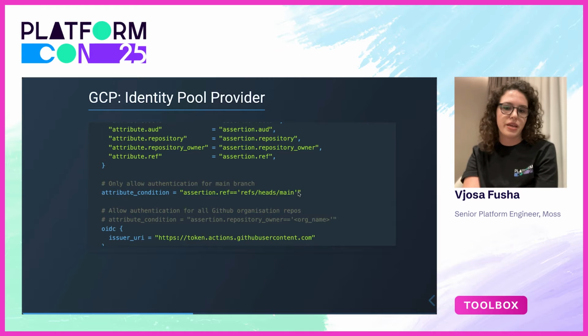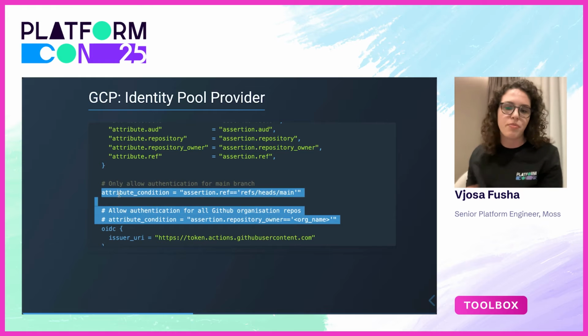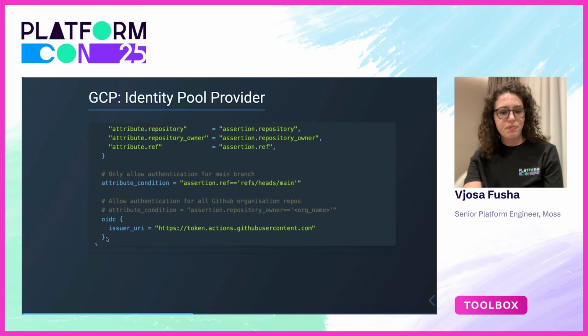For example, in my case, I'm saying I only allow authentication for main branch. Or we can say everything from all GitHub organization repos owned by this organization. Or we can just combine these based on our needs as we see fit. Then we need the OIDC issuer URI, which is the URL for GitHub.